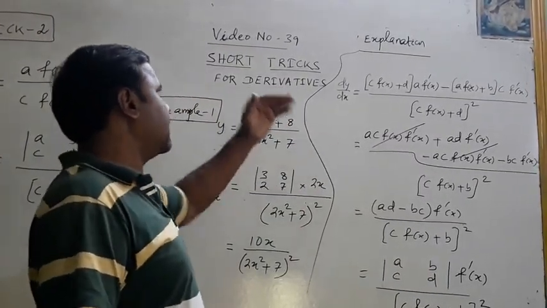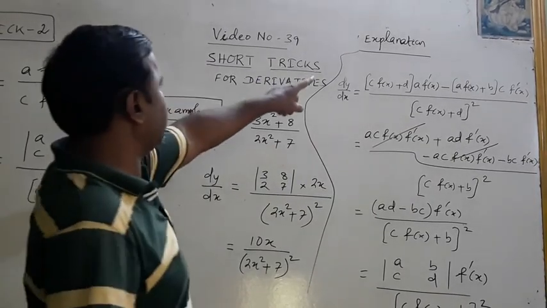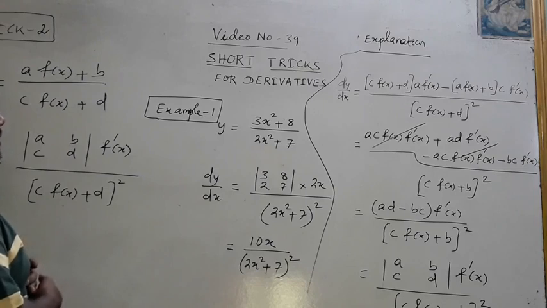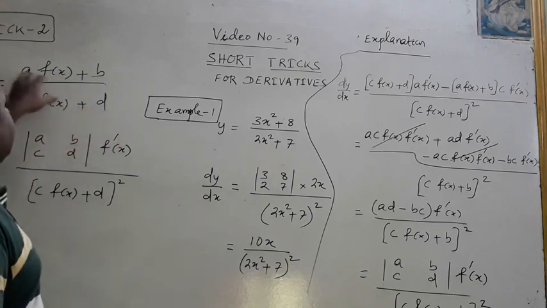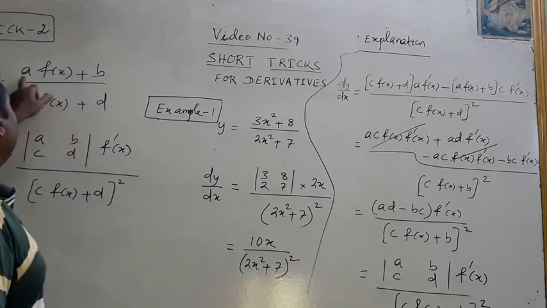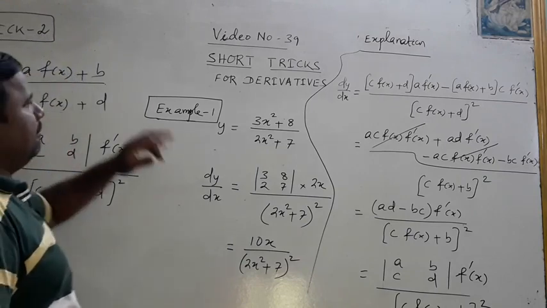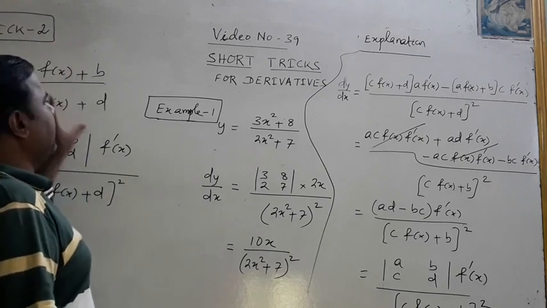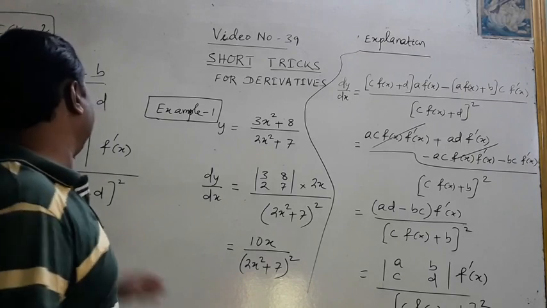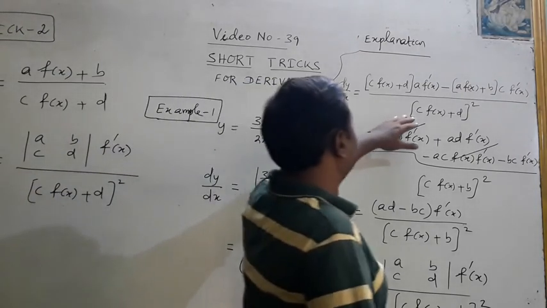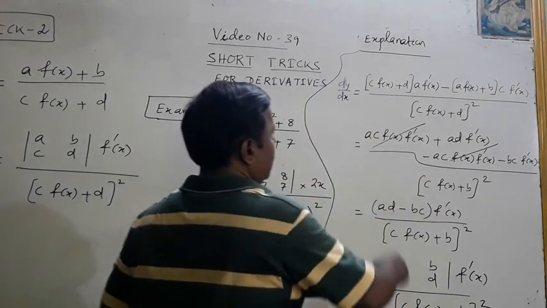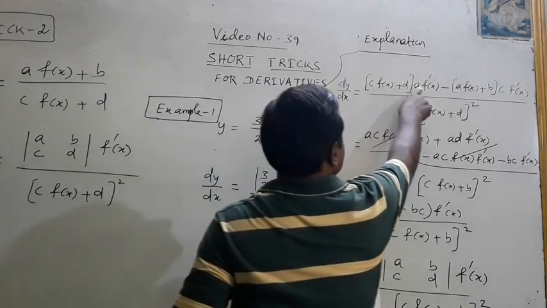Look at how it comes. Its explanation is there: u by v, just applying the u by v derivative method. v derivative of u, where v means c f(x) plus d. Derivative of u means a f dash x, minus u derivative of v. a f(x) plus b, and derivative of v is c f dash x, all by (c f(x) plus d) whole square. When you open it, it becomes ad minus bc into f dash x.